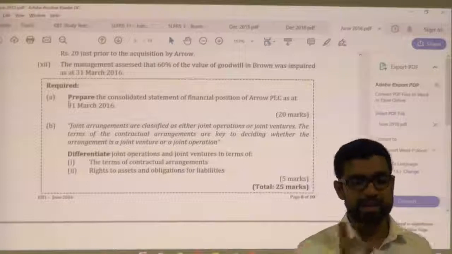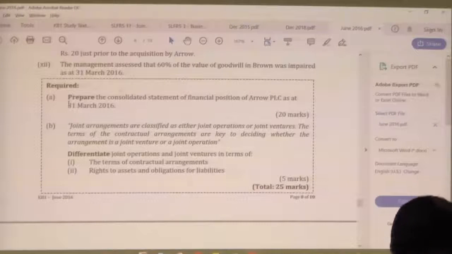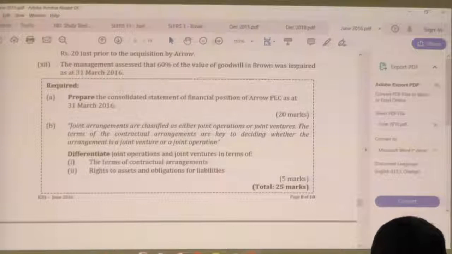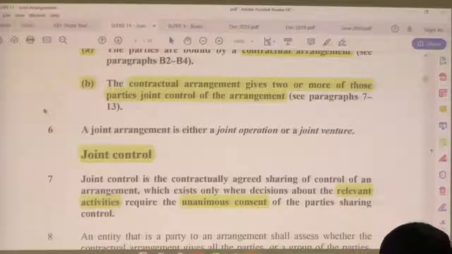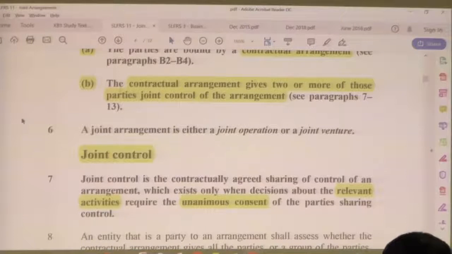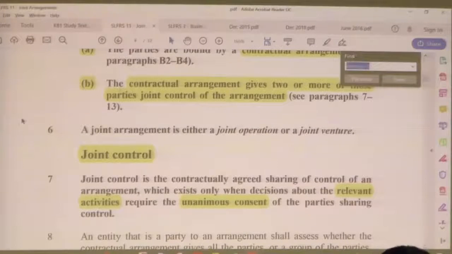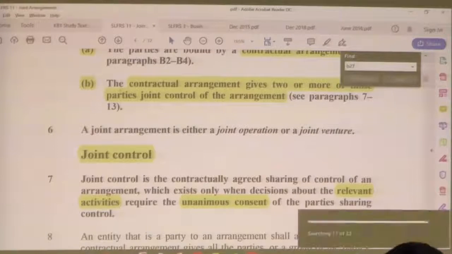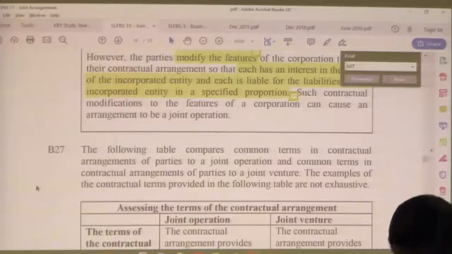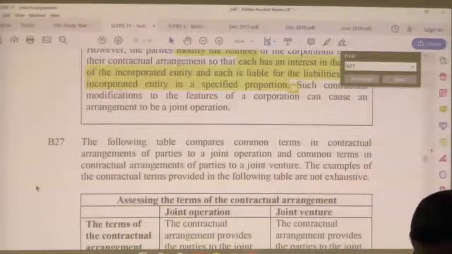Now, I did not explain the answer to this question. That's why I wanted to take this standard book to explain the answer. Now look at this point, B27, read this.